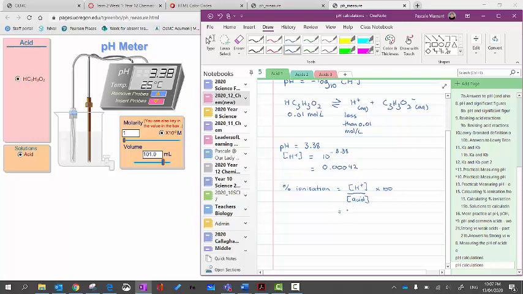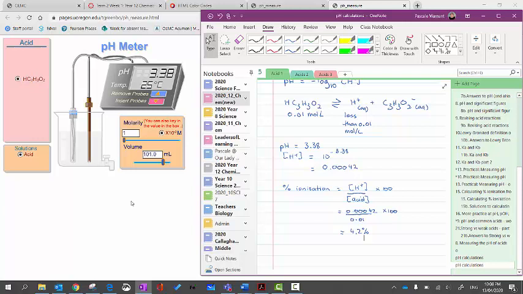So it's going to be 0.00042 divided by 0.01 times 100, and that works out to be 4.2%. So 4.2% of the molecules of this acid ionize when the concentration is 0.01 moles per litre.